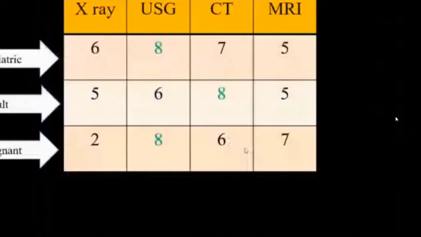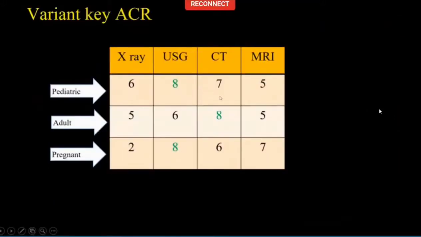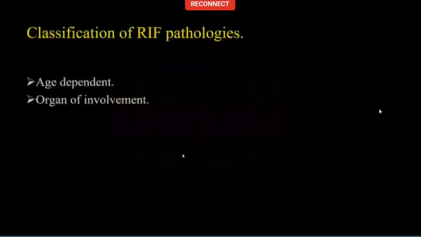In a nutshell, in the ACR criteria, in pediatrics the modality of choice is ultrasound followed by CT. In adults, it is CT followed by ultrasound. And in pregnant females, it is ultrasound followed by MRI. CT does not have a role in pregnant females because of the ionizing radiation.